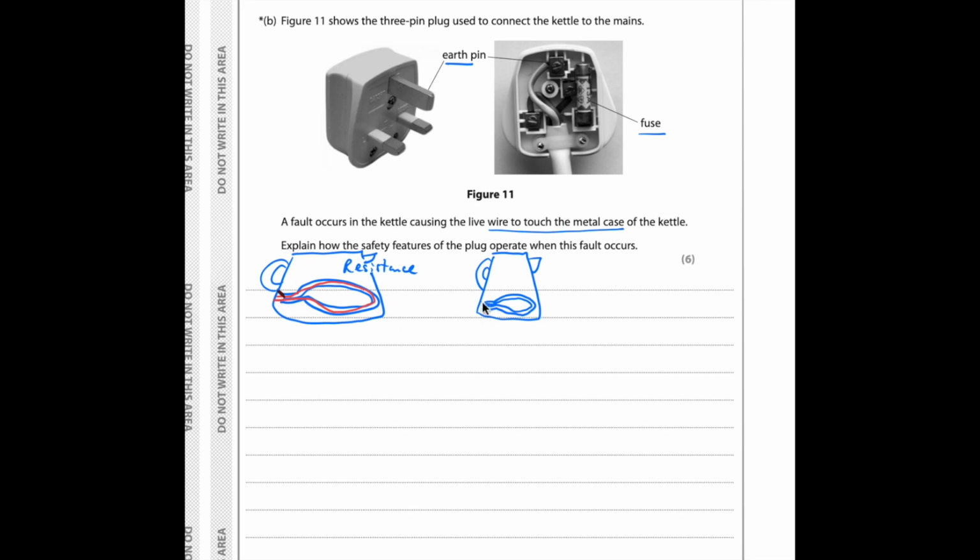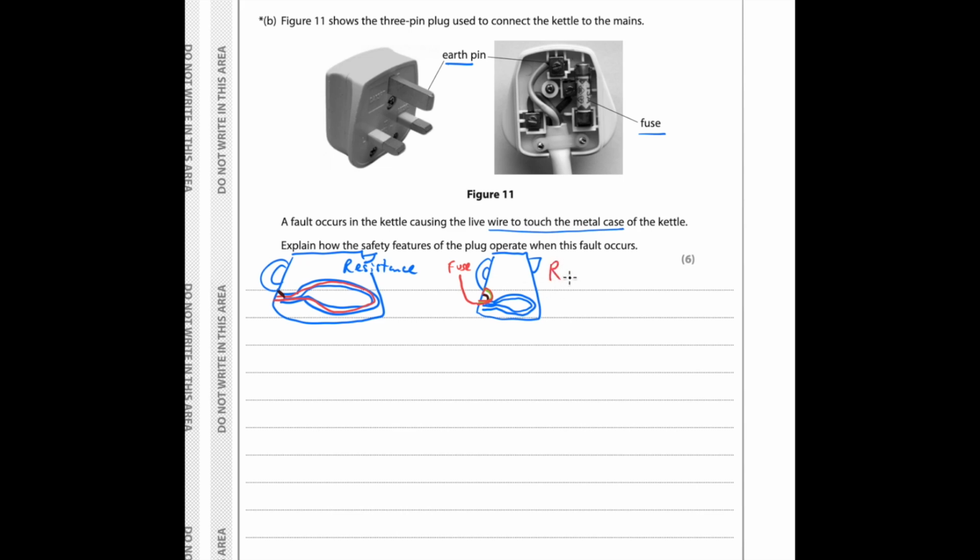And what will happen is it touches the metal casing instead, and then the whole kettle will become live when you touch it. If you've already got an earth wire, what will happen is the current will go through the live wire, then it'll go through the earth wire, and it'll go back up to where the fuse is.